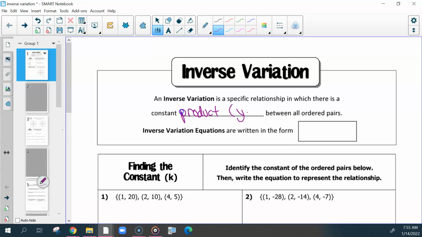And that product is y times x between all ordered pairs. So direct was a ratio y over x. Inverse is a product y times x. Inverse variation equations are written in the form y equals k over x. So direct was y equals kx. This is y equals k over x.